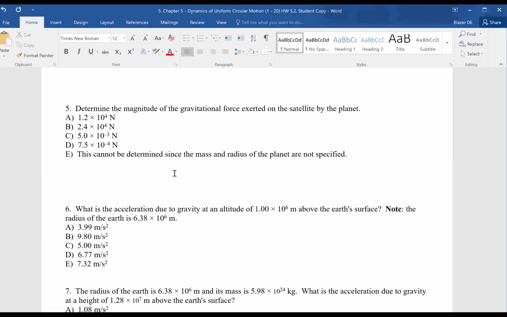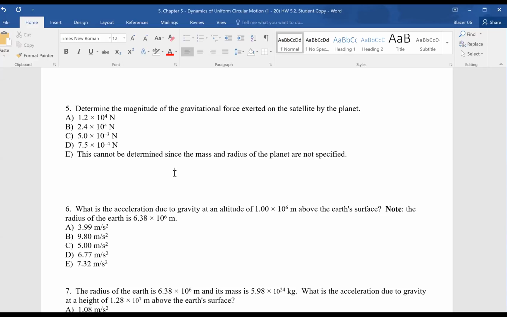Okay, what we're going to do there? Anybody have how to start the problem? Does anyone know how to start the problem? We just did a problem where we said gravitational force. No takers? Please look at the question.